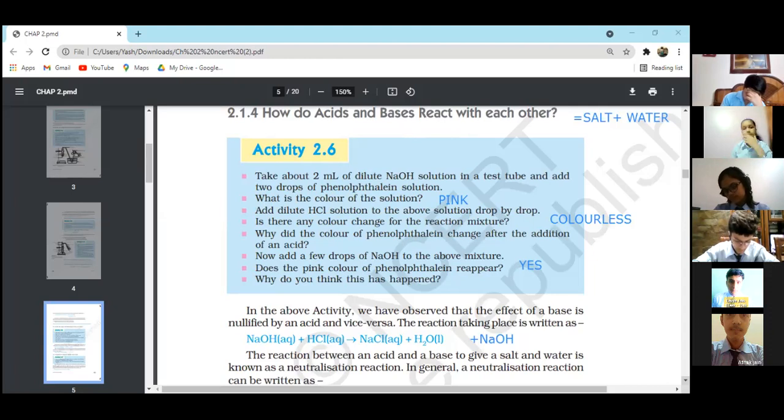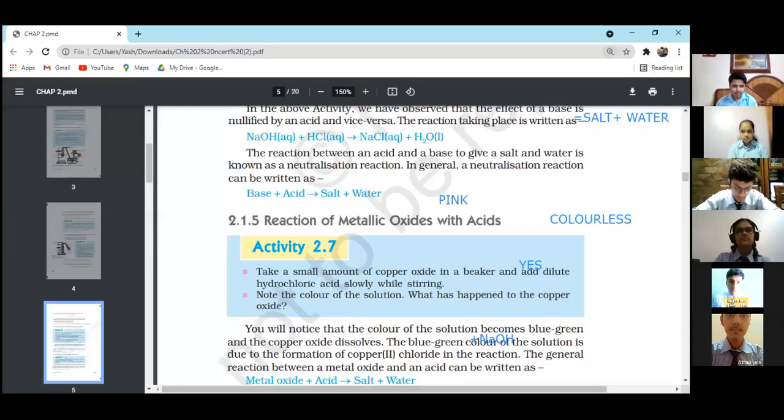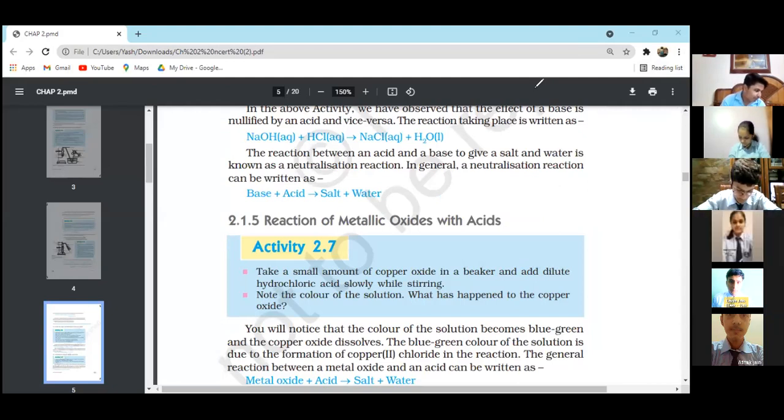Okay? So we have learned that when acid reacts with base, they form salt and water. But if you add a few drops of base in it, this neutral salt will also behave like a basic solution.